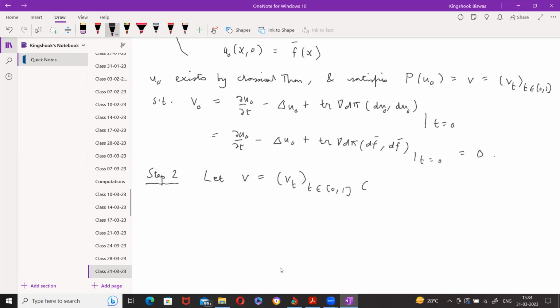So this is an element of C^{alpha, alpha/2}(M, R^Q). Let this be such that V naught is equal to 0.